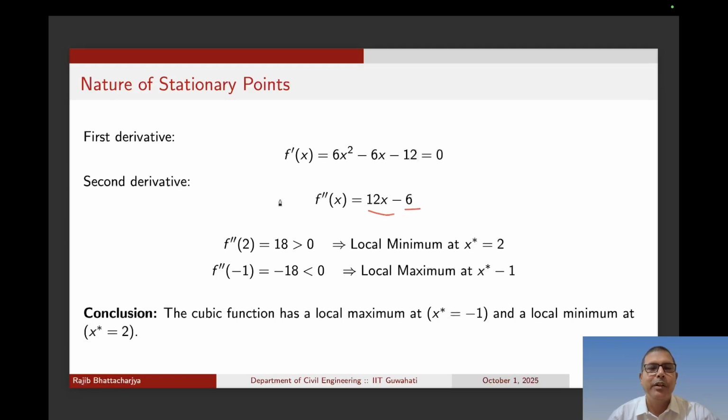Let us obtain the value at x equal to 2, that is equal to 18, and at x equal to minus 1, that is minus 18. The second derivative value is not 0. If it is 0, then you have to obtain the next higher derivative. That means I will go for the third derivative, then the fourth derivative, then the fifth derivative, something like that.